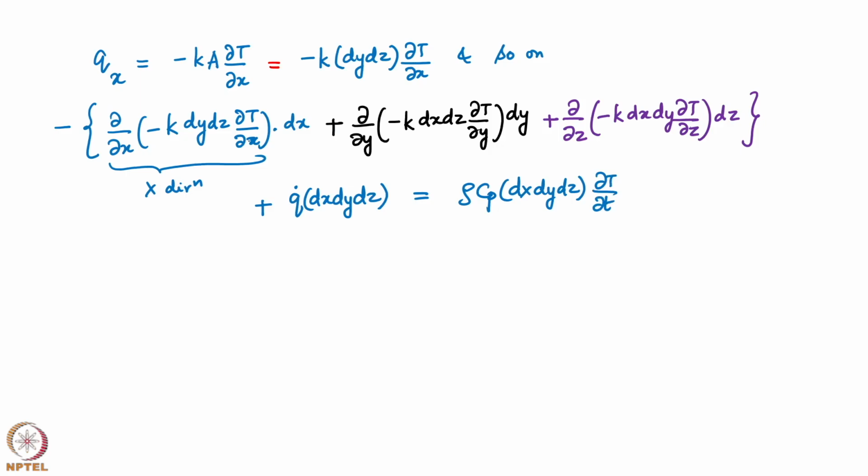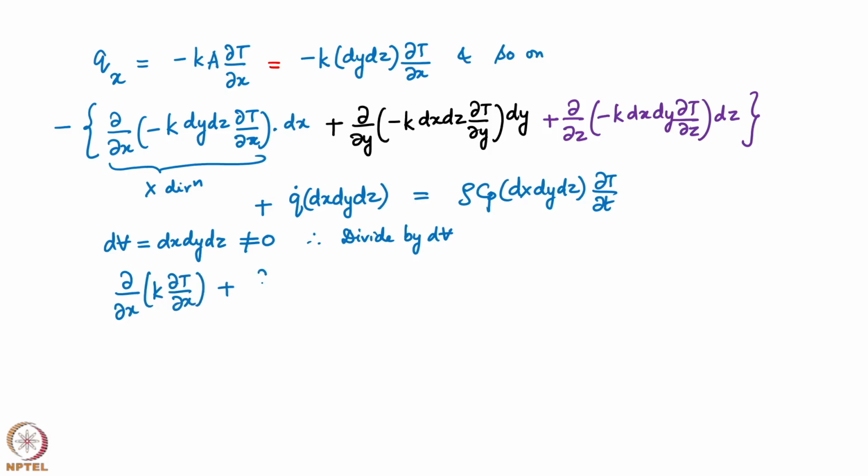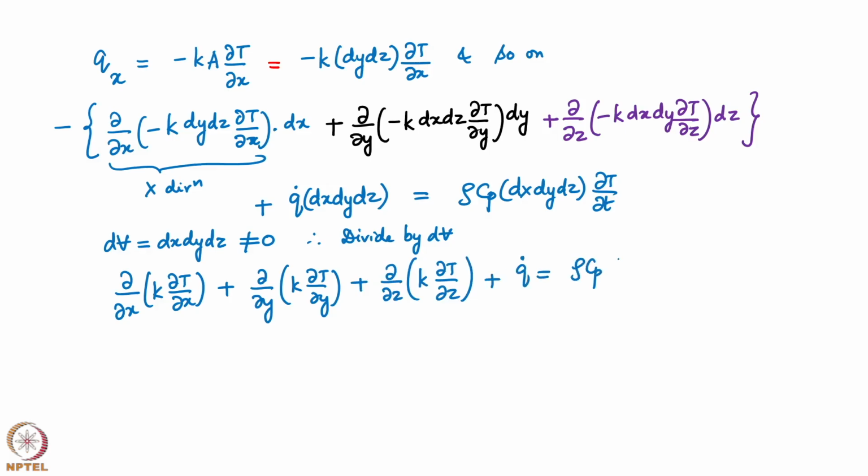So, I can bring that out and divide through by dx dy dz. dx dy dz is not equal to 0, therefore, I can divide by that throughout and, after some algebra, d by dx of k dt by dx plus d by dy of k dt by dy plus d by dz of k dt by dz plus q dot is equal to rho Cp into dt by dt.